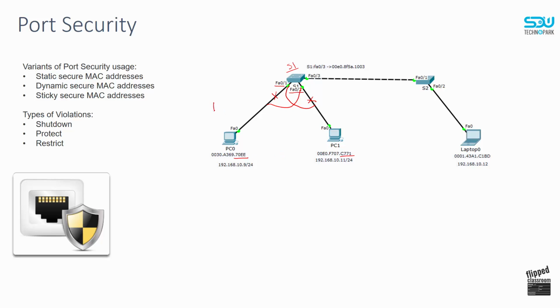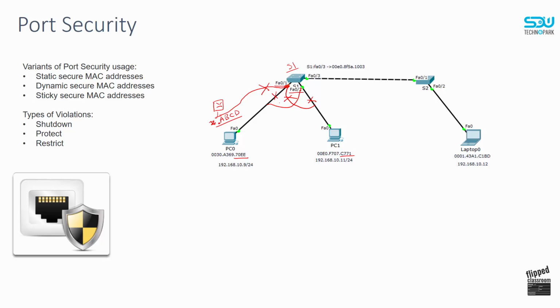But if someone else tries to get access, disconnects here and tries to connect, and his MAC address is for example ABCD at the end, then Switch 1 does not trust this MAC address and will say, I'm not working with you. When a violation happens, we have three types of violations.